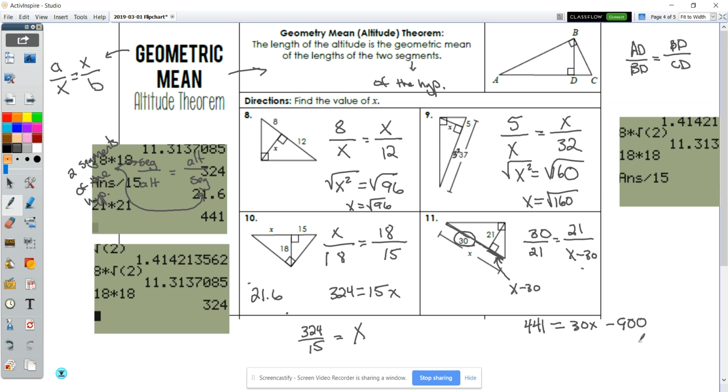Okay, then we're going to have to solve from here to solve for x. Hopefully you know how to solve an equation. I would add 900 to both sides, and then divide by 30, and that's how you get your answer for this. But if it doesn't come out evenly, you can just round it or leave it as a fraction, depending on what your teacher wants.